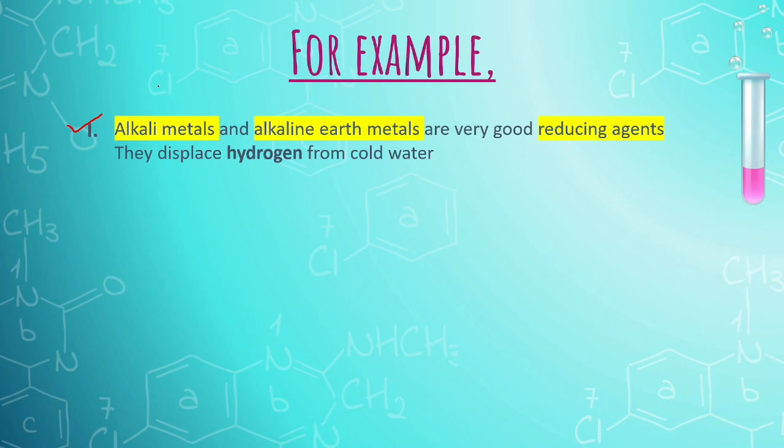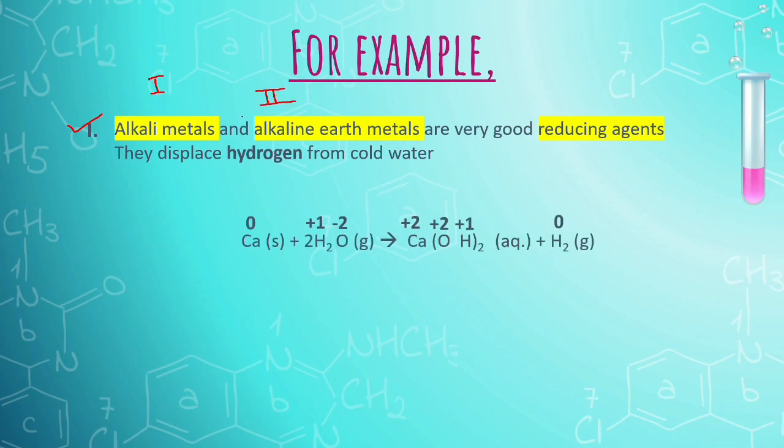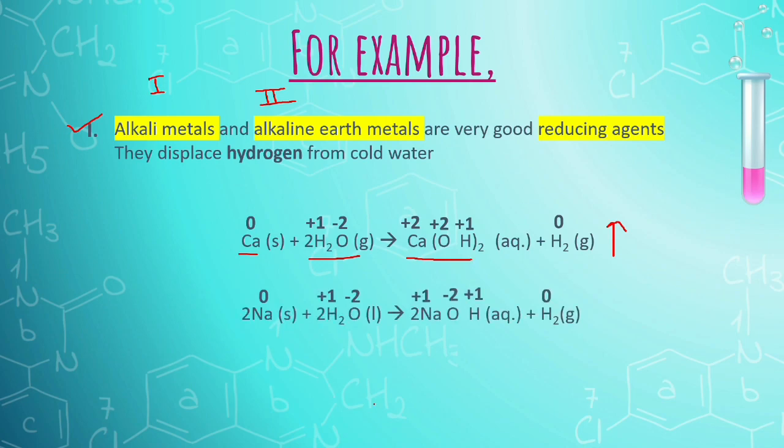As we know, alkali metals are members of group 1 and alkaline earth metals are members of group 2. When calcium reacts with water, calcium displaces hydrogen and forms calcium hydroxide. Similarly, when sodium combines with water, sodium displaces hydrogen and forms sodium hydroxide.